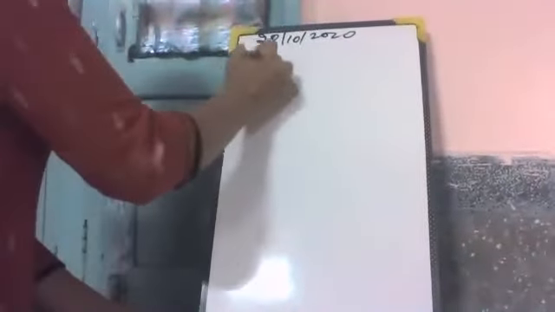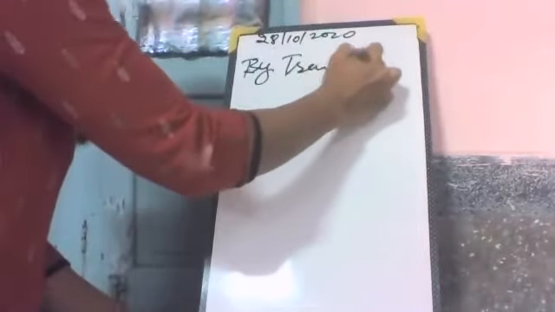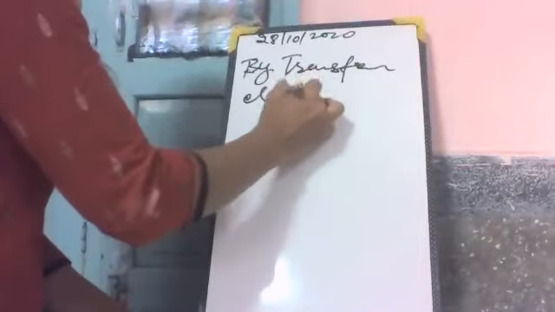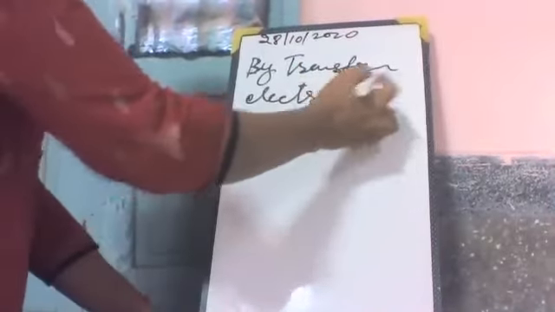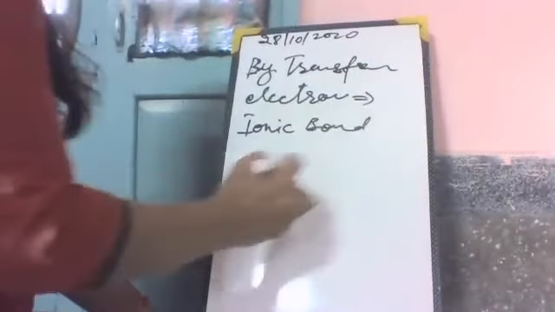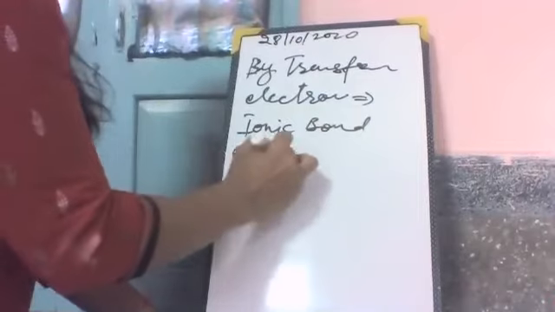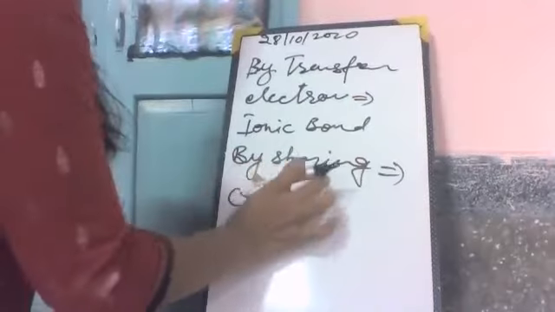There are two types of combining power: by transferring, by transfer of electron, and this is known as ionic bond, or by sharing, it is known as covalent bond.